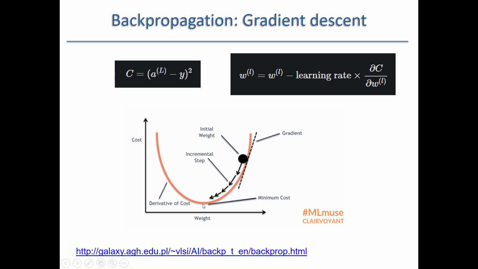And when you are here exactly at the minimum, the derivative of the cost with respect to the weight will be 0, and then you will not change anymore. So this is the rationale behind gradient descent. This is related to the slope of the tangent, or to the cost with respect to the weight.